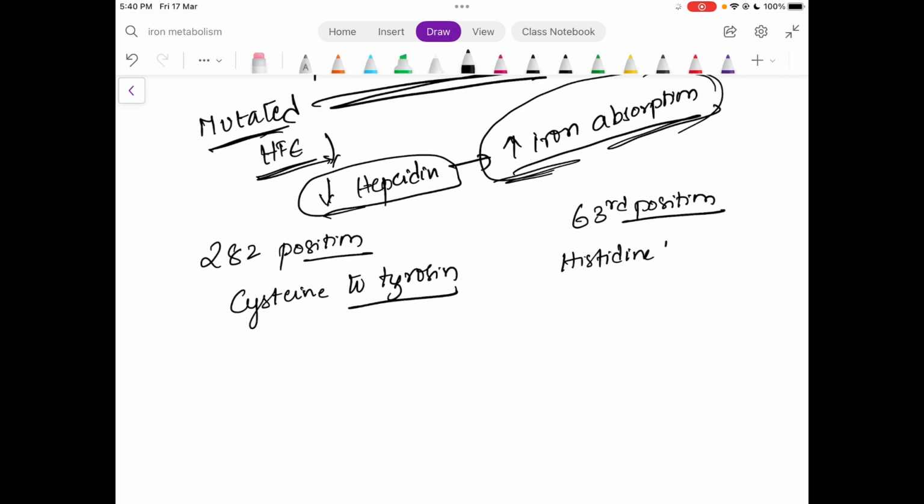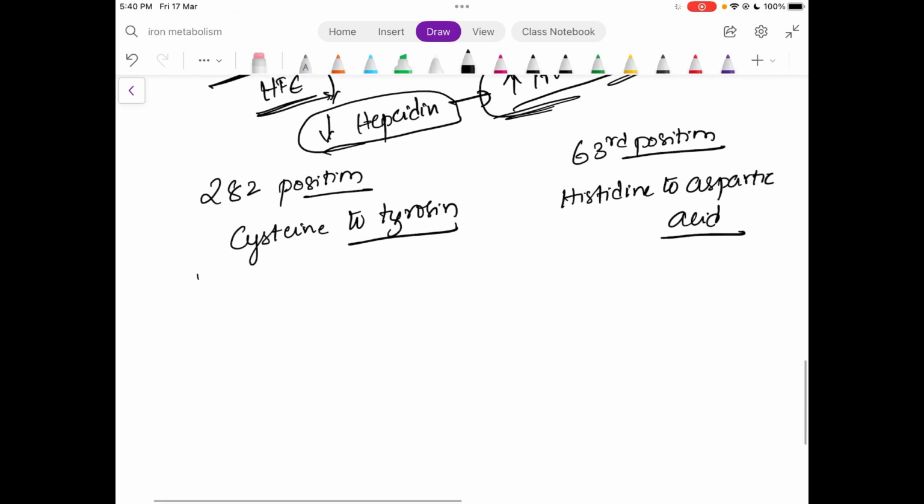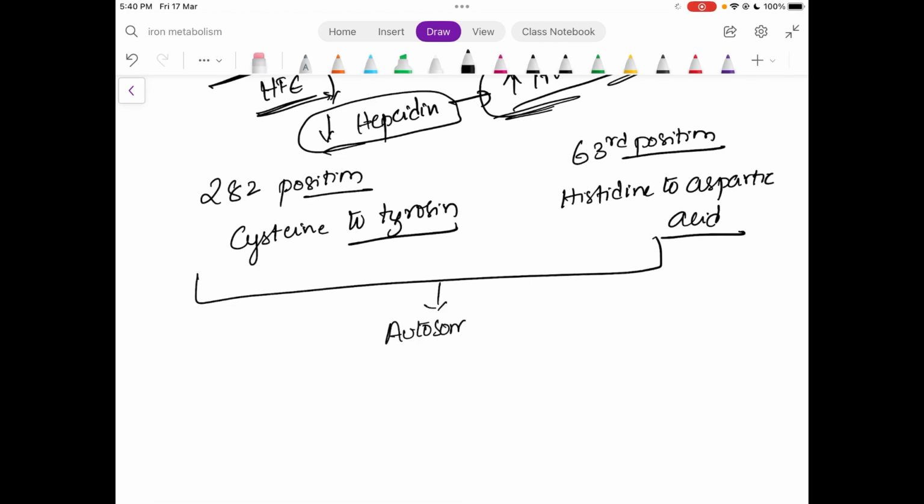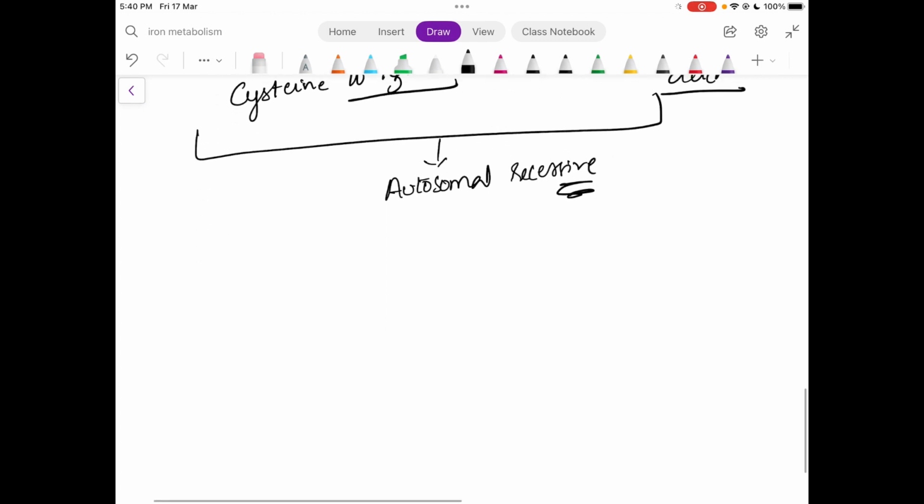And this mutation is an autosomal recessive condition. This is rarely severe before the fourth decade.